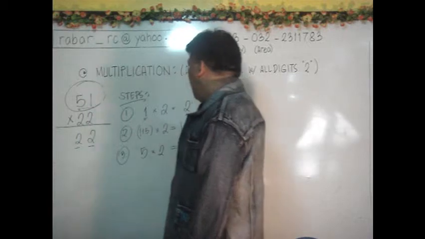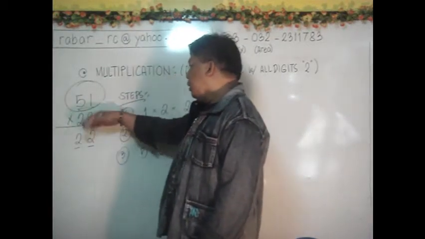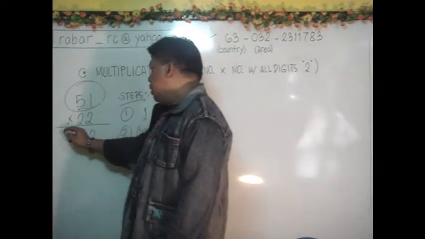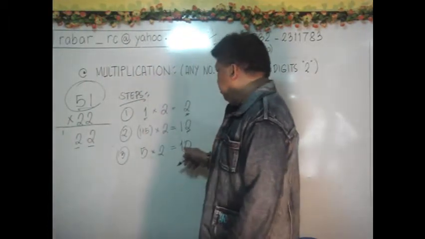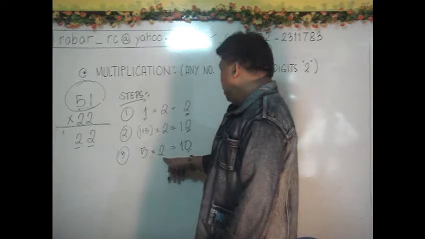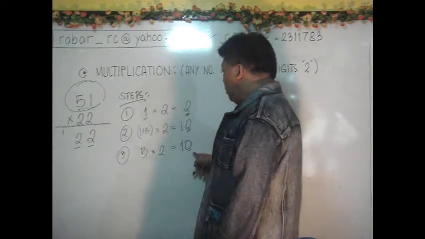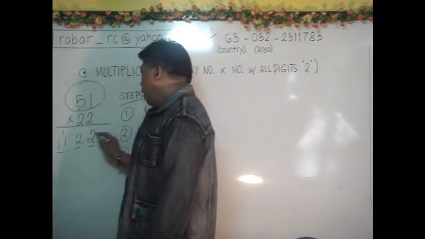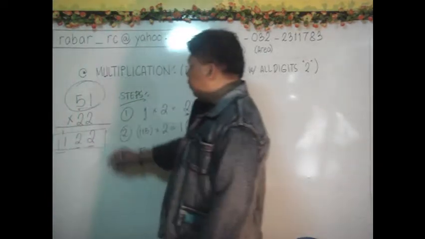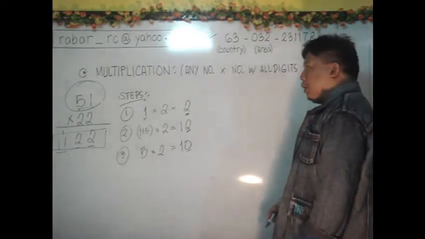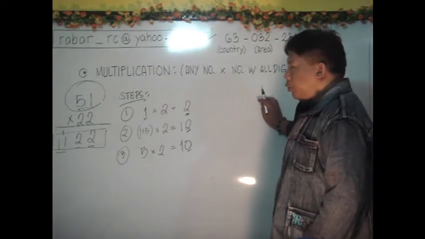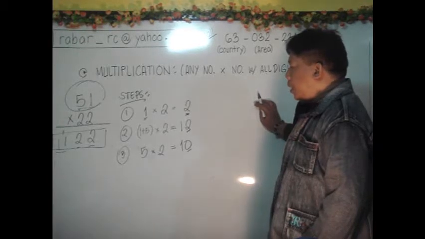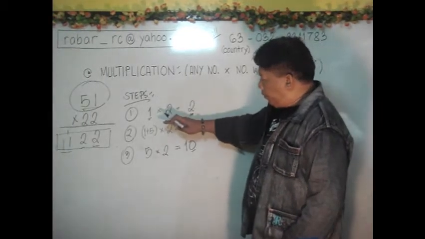Remember, 12 is coming from the sum of this, then times 2. Then that is 12, we carry over 1. Then the next one is 10. 5 times 2 is 10, then plus 1 will give you 11. And that completes our 51 times 22, which is 1122. So we are doing it step by step.